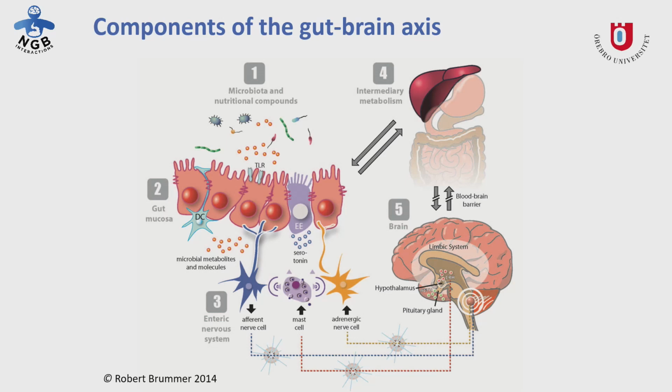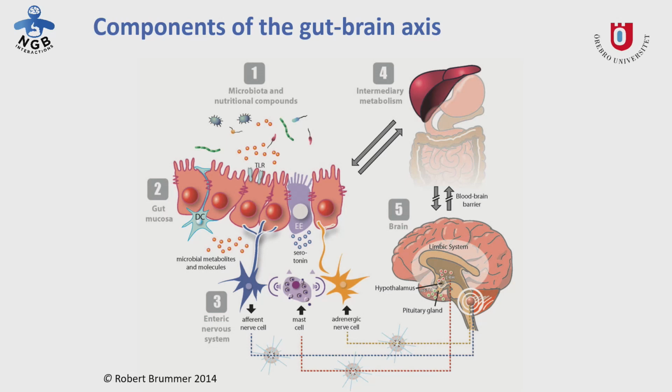And then a little bit below the mucosa, you have a lot of specialized cells, and not to forget also parts of what we call the enteric nervous system. So that's the gut's own nervous system, which interconnects with the brain, and that is the link you see down in the slide, but it also interconnects with the mucosa.